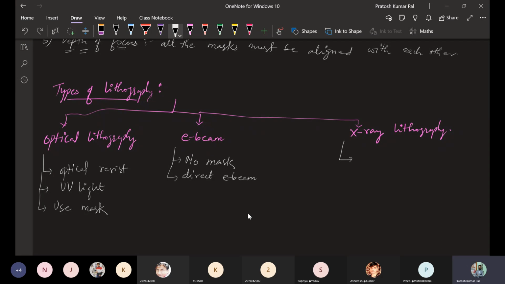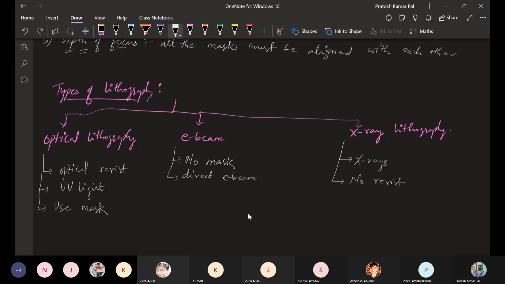In X-ray lithography, instead of an e-beam, we will be using X-rays for direct exposure. Here no resist is used. There is no resist required in the case of X-ray lithography.